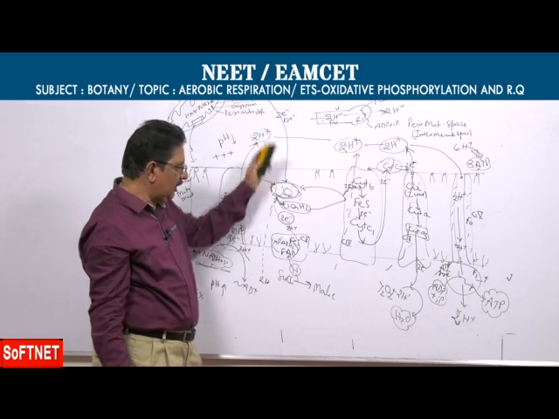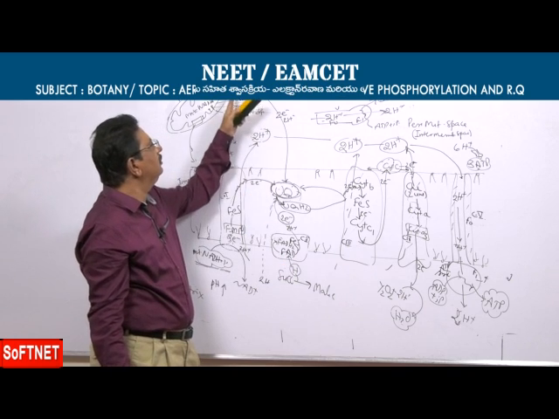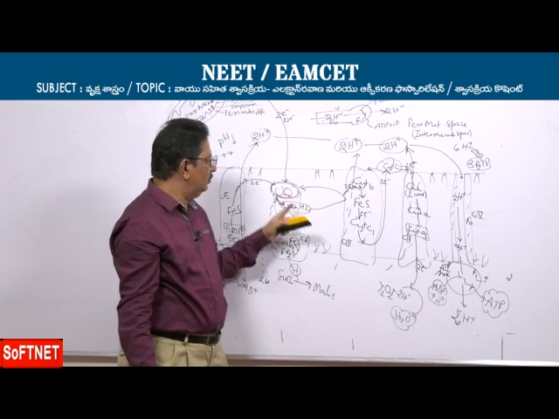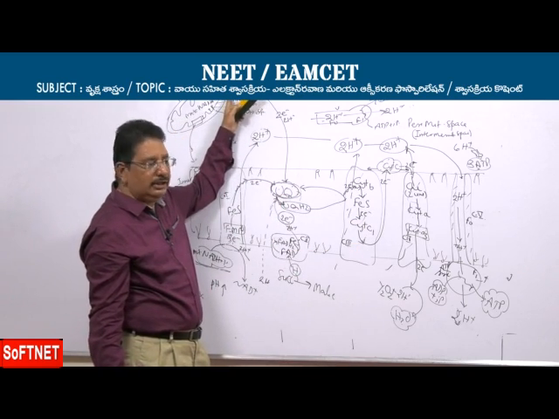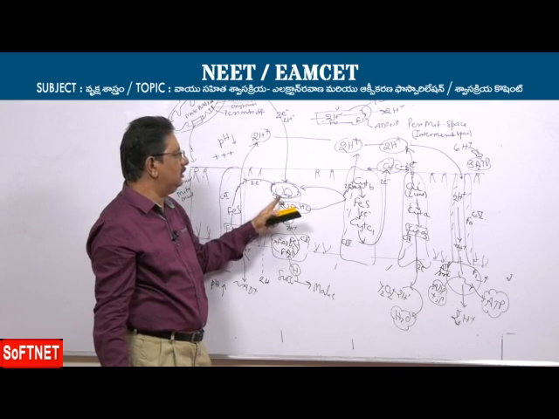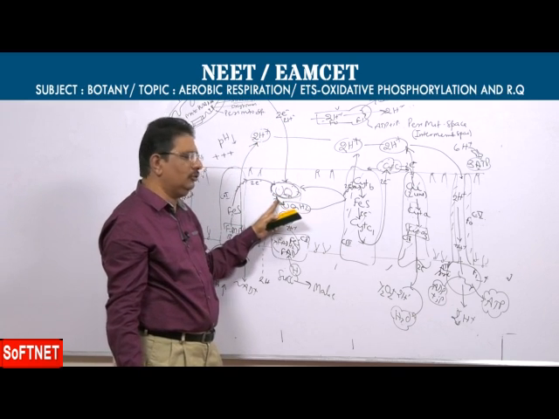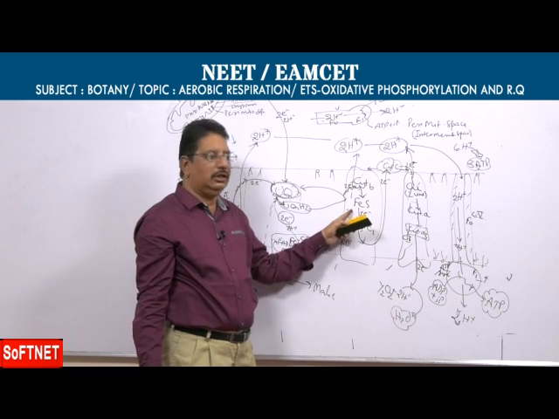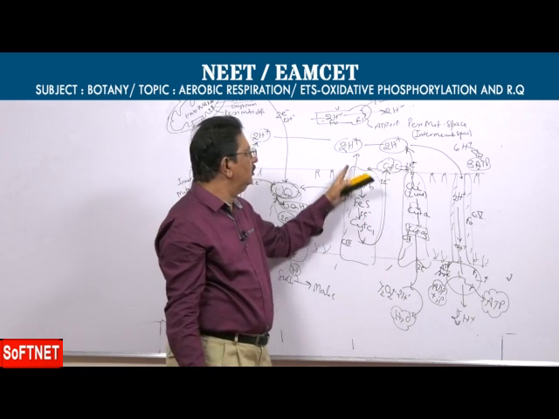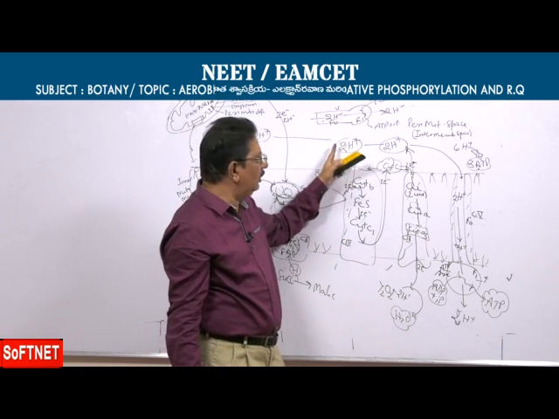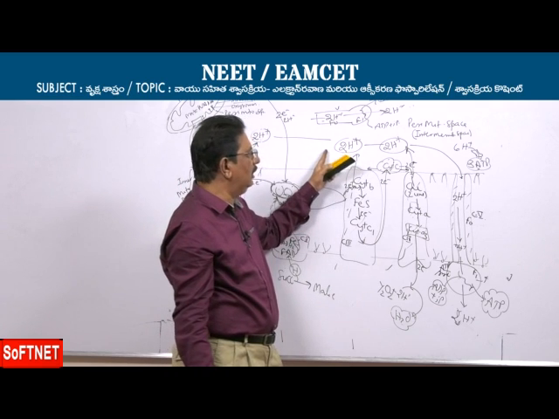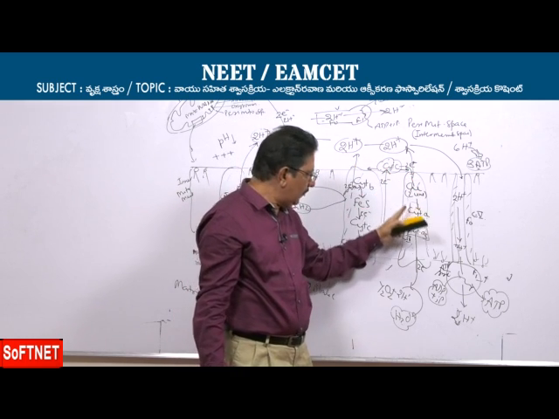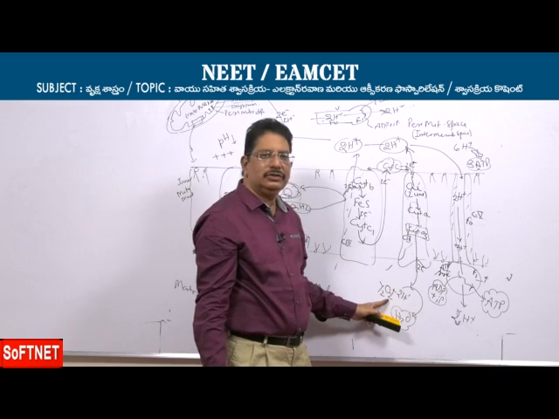So, just like oxidation of FADH2, cytosol NADH is also oxidized. Here, from cytosol NADH, electrons and protons straight away transfer to ubiquinone, which converts into ubiquinol, then electrons to complex 3, protons into the mitochondrial inner membrane space, then cytochrome C, complex 4 and oxygen.